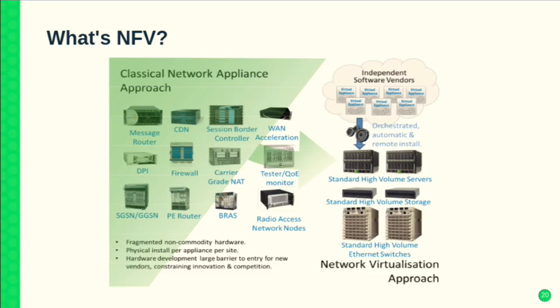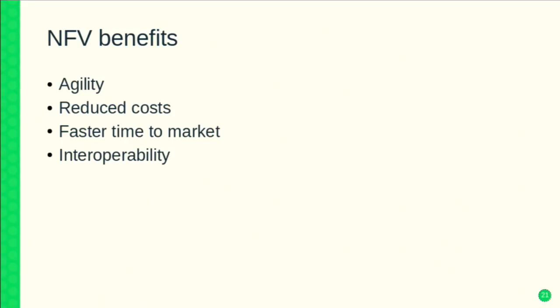And why? Again, the benefits are more or less the same that I was describing before. In this way, you are more agile because you don't need to buy specific stuff. You can have whatever hardware, and you can reconfigure it very easily. You have reduced costs, of course, because these appliances are very expensive.